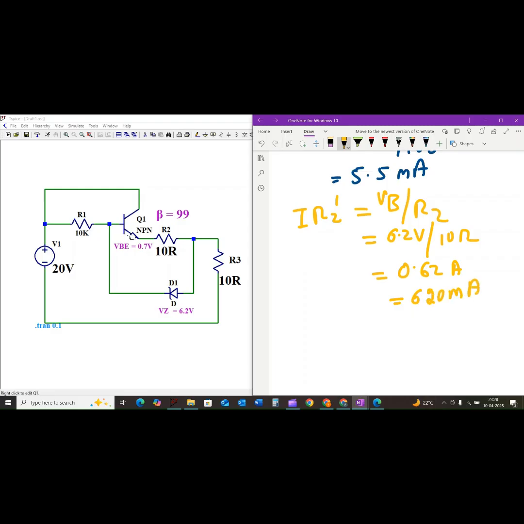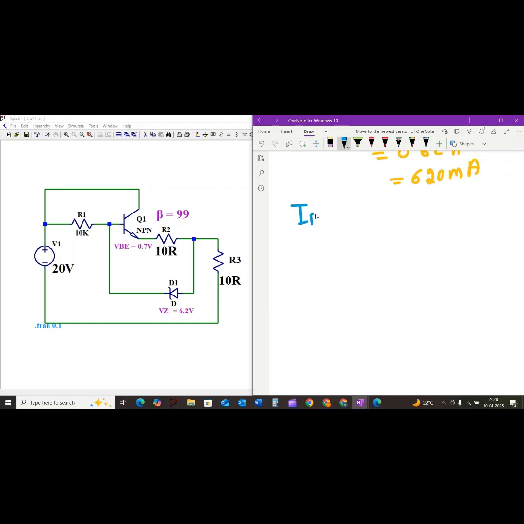Now let's check the current at the base node with this assumption. IR1 is equal to IB plus IZ plus IR2 dash.